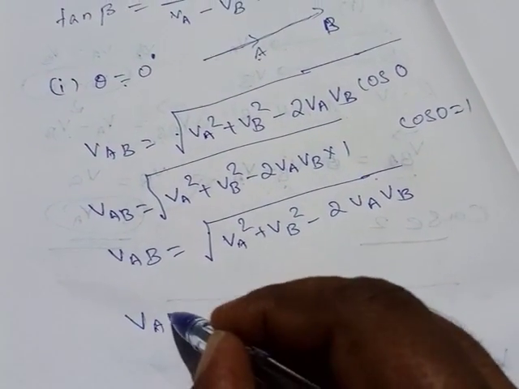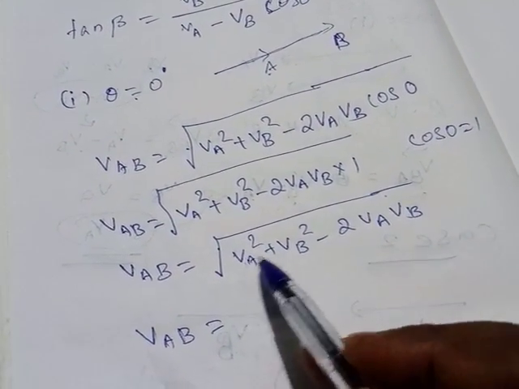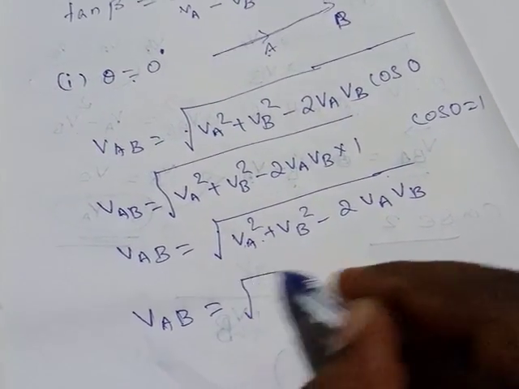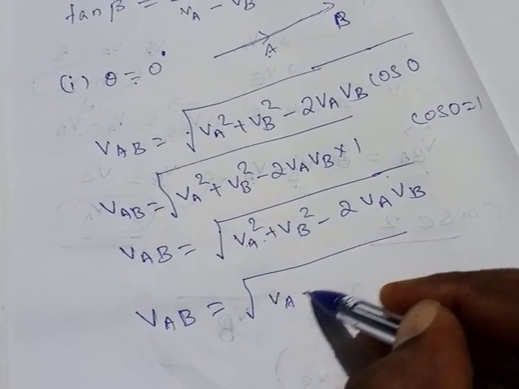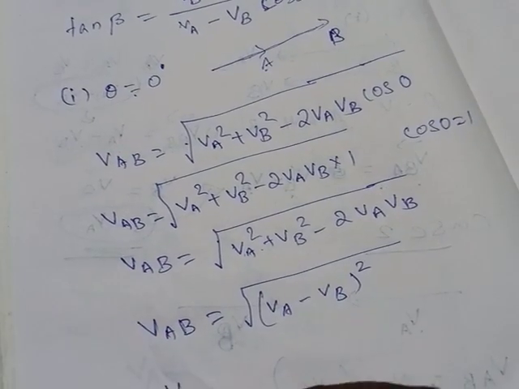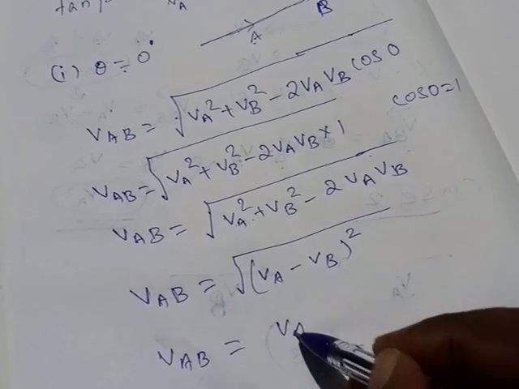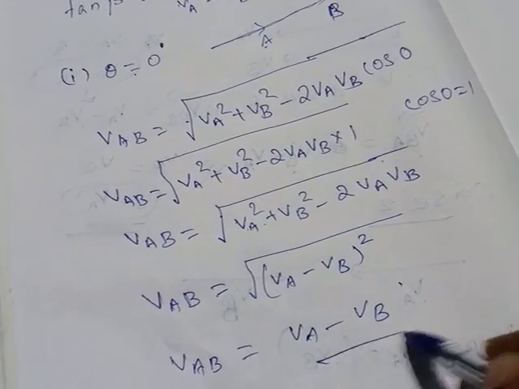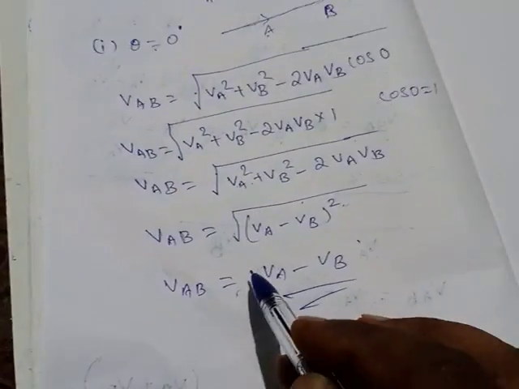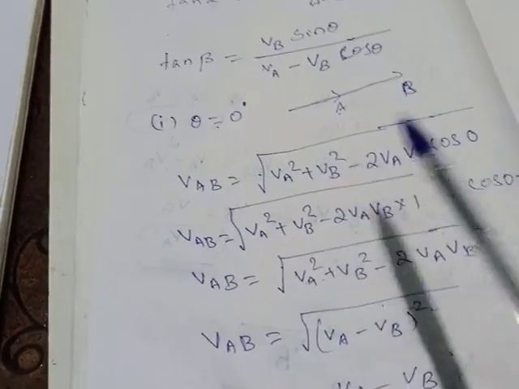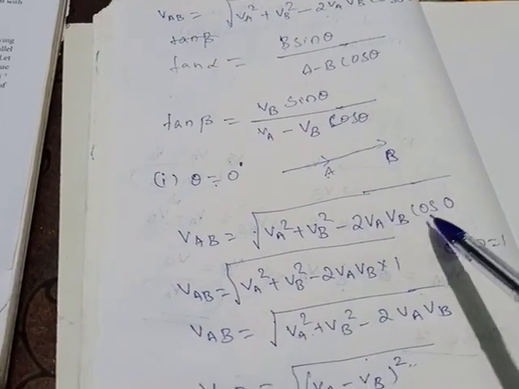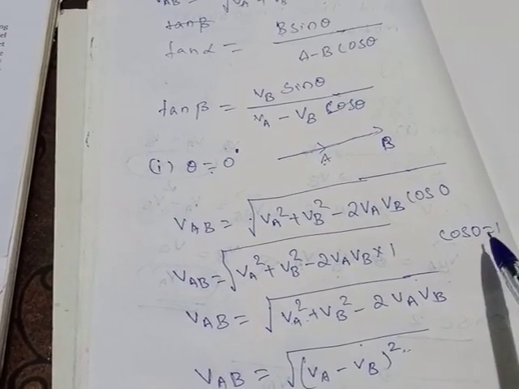This we can write in the form of A square plus B square minus 2AB, so A minus B the whole square. So the root of VA minus VB the whole square. The square root cancels, so VAB is equal to VA minus VB. So in this formula we are putting theta equal to 0, and cos 0 equal to 1.